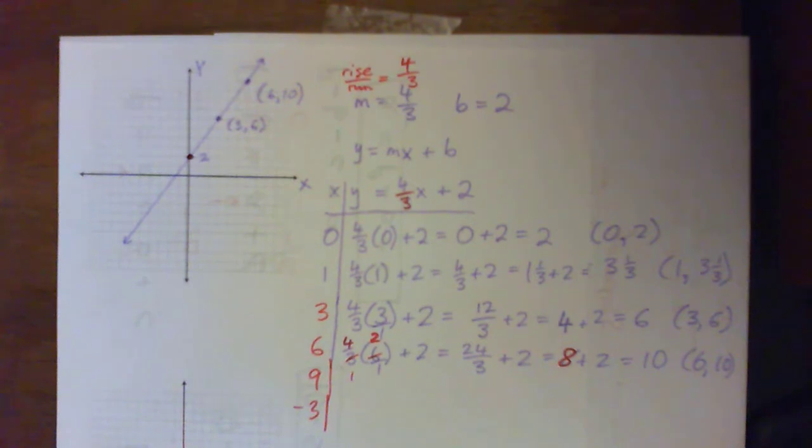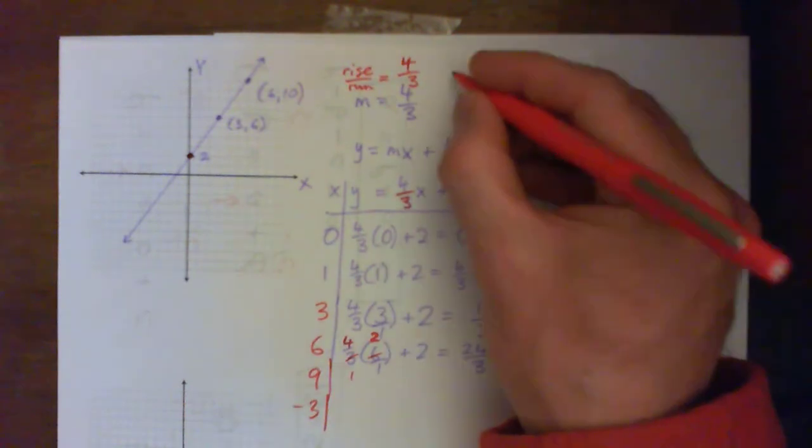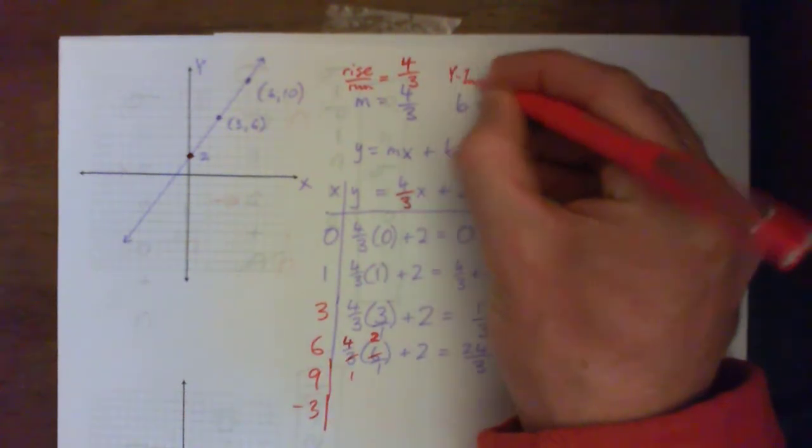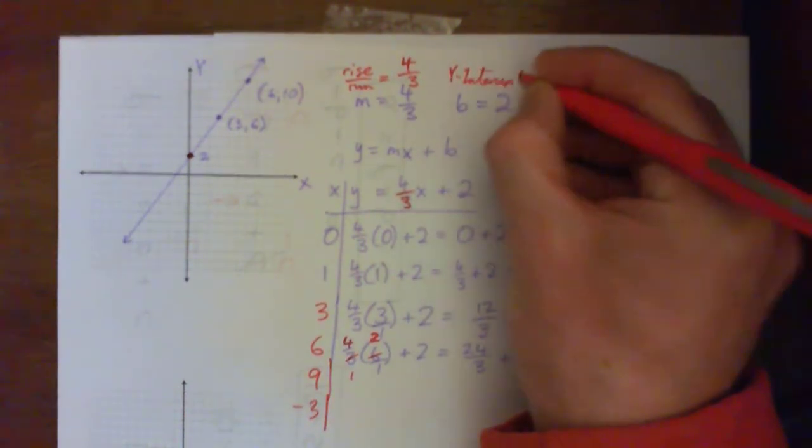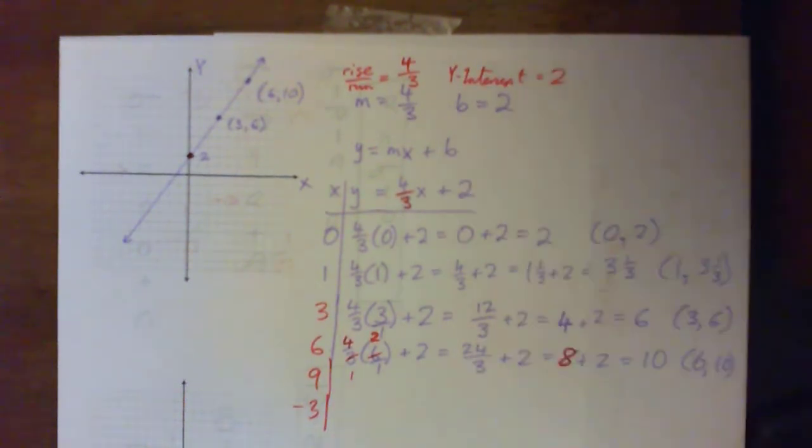You got that? Yes, I do. Okay, so what's the rise? The rise would be going up 4, and the run would be going out 3. Nice. And the Y-intercept is 2, isn't it? Yeah.